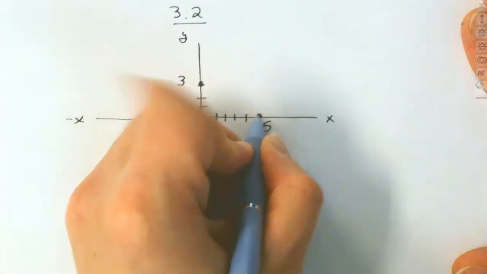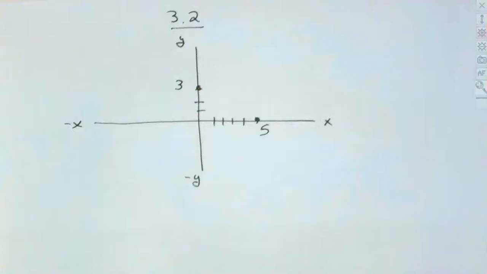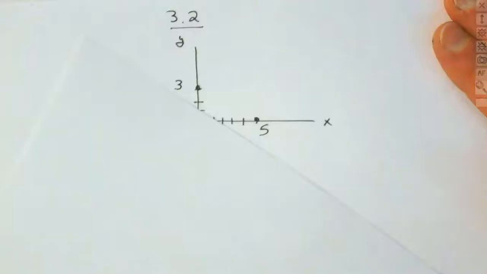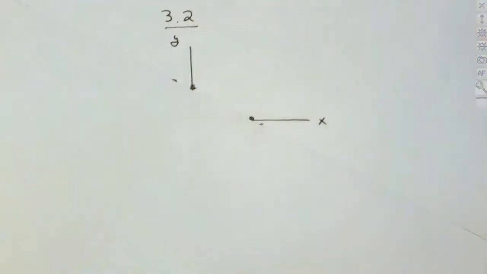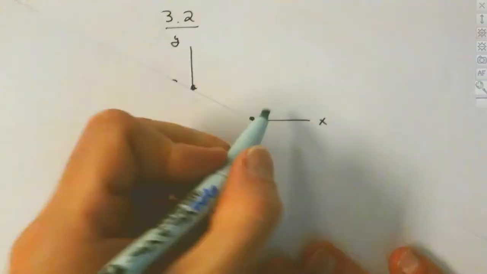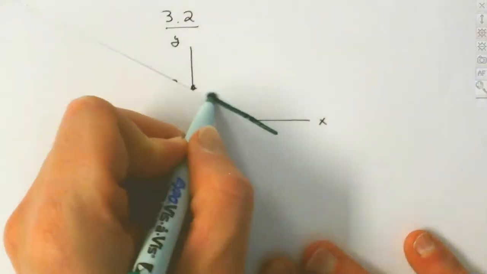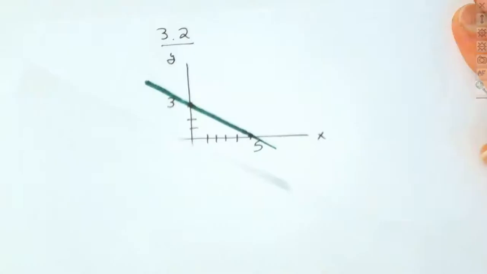Okay, so I'm going to connect these together. And we'll talk about what the intercepts are graphically. Let me connect these together here. Okay, so we've got a line that looks like this.